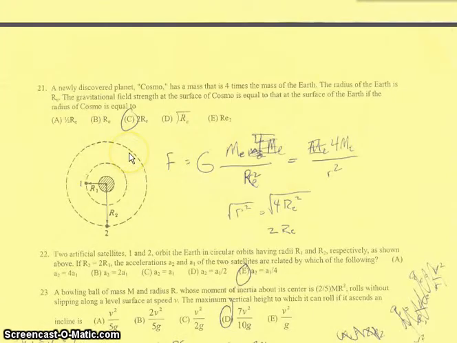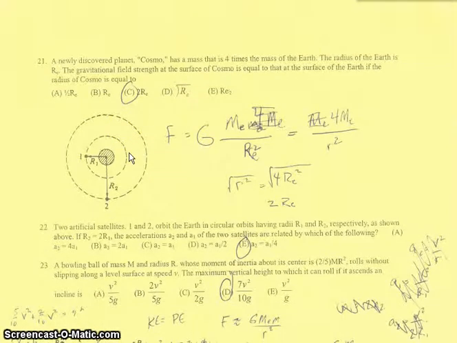Number 21, we have our planet here that we are looking at. So in other words, I used the universal gravitation equation. This was the radius of my Earth, and then for the next one I doubled it.